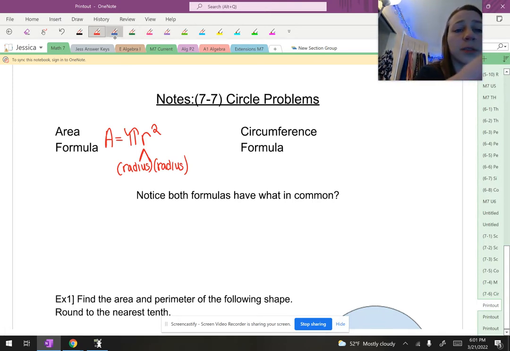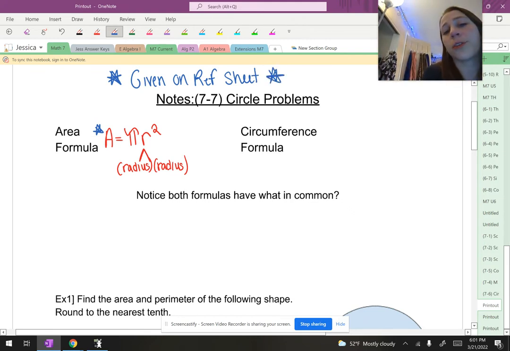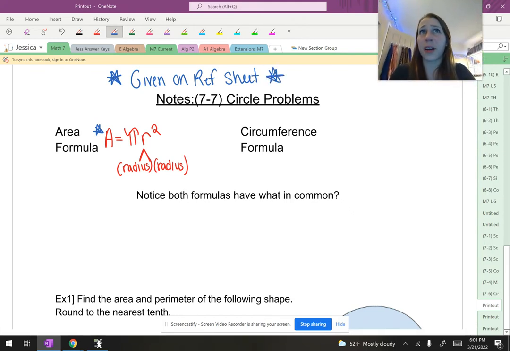We're going to put a little blue star here, and that tells us that this is given on our reference sheet. Meaning that when you take your state test at the end of like April or something, you'll have that on your formula sheet. You just need to remember to look it up.